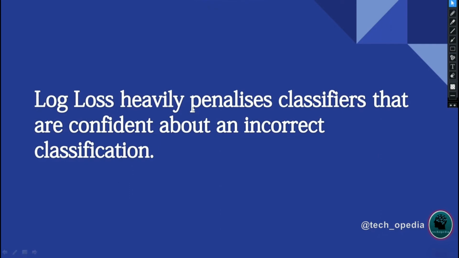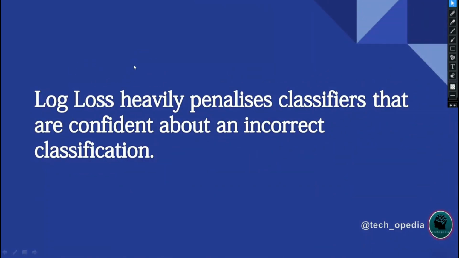Log loss heavily penalizes the classifiers that are confident about an incorrect classification. If our model misclassifies a point, and that too with high confidence, then log loss will penalize it more.